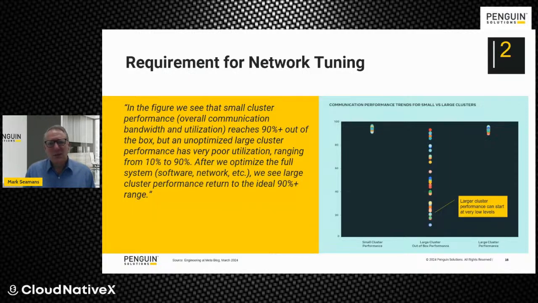Now, they didn't see this when they deployed small clusters. Small clusters they could get working well relatively rapidly, but as your clusters get larger, the network criticality and the requirement to do very precise tuning, testing, and optimization of the network became critical.